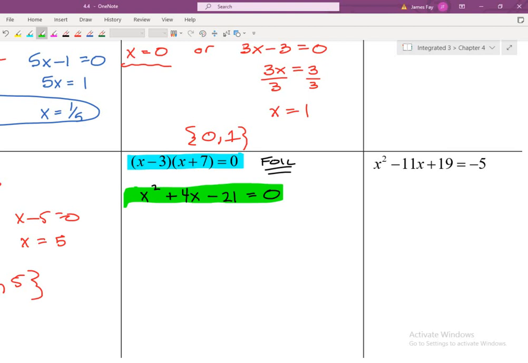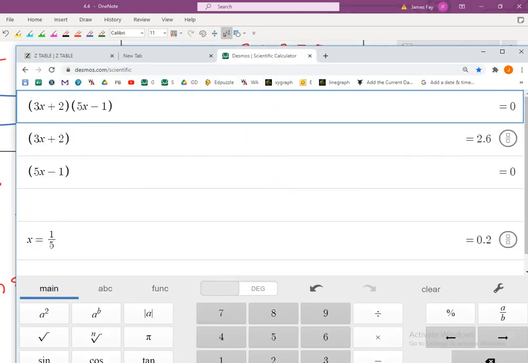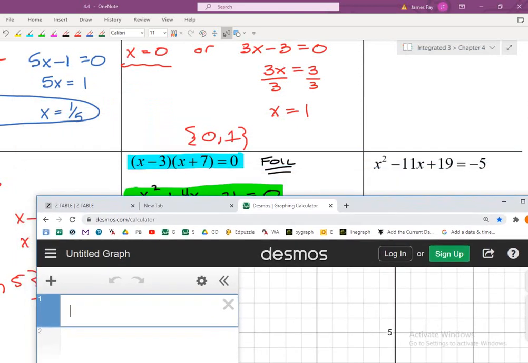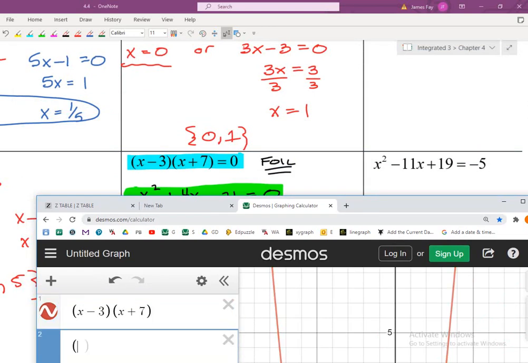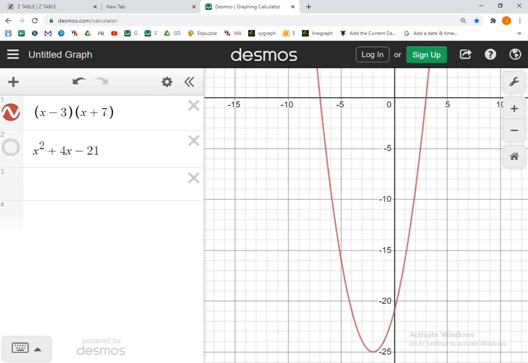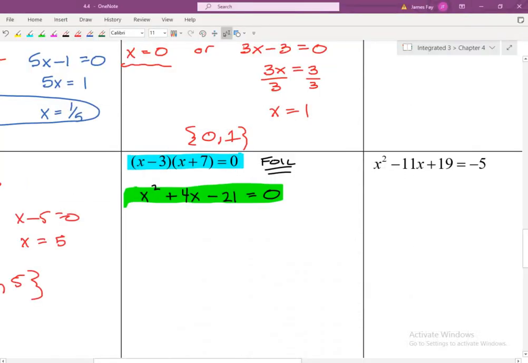If I were to graph both of them, just to prove that they generate the same thing, if I graph x minus 3 times x plus 7, and then graph x squared plus 4x minus 21, do the blue graph and the red graph look the same when I toggle them back and forth? These are alternative versions of the same thing.